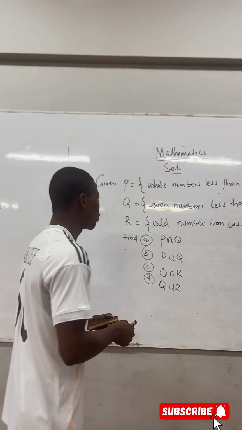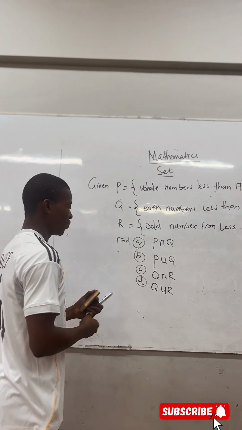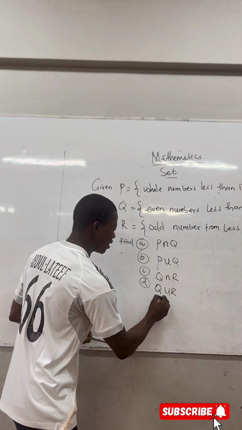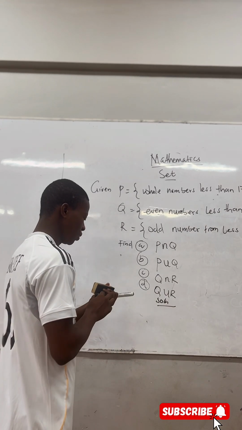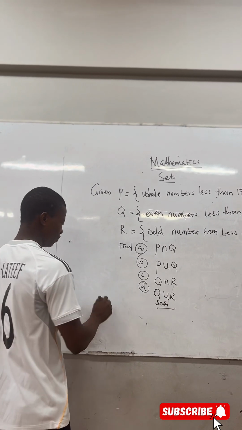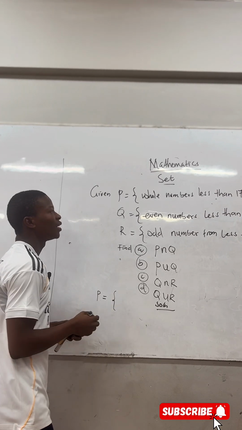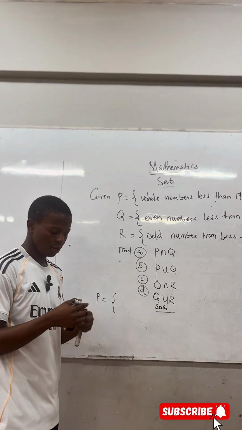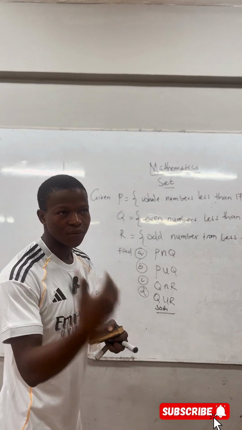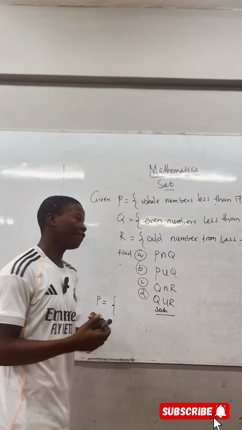So we write our solution. We define our sets. P equals whole numbers less than 17. Whole numbers are numbers that start from 0 to infinity.